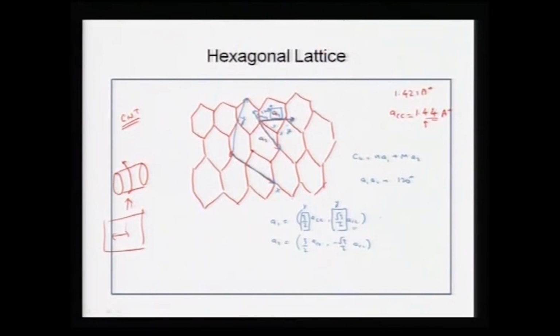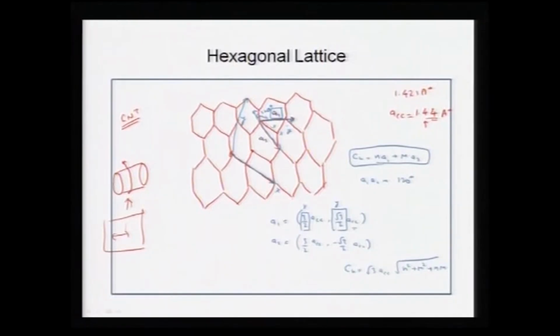If I take its chiral vector, which is nothing but n times A1 plus m times A2, the magnitude of CH comes out to be root 3 times the bond length of carbon times the square root of n square plus m square plus n m.